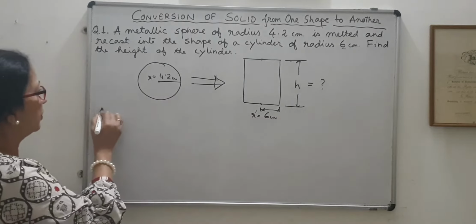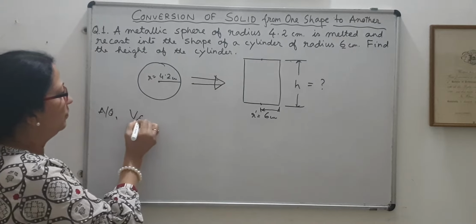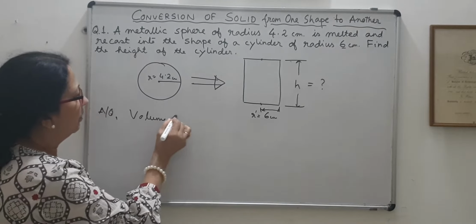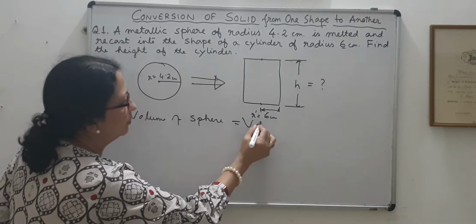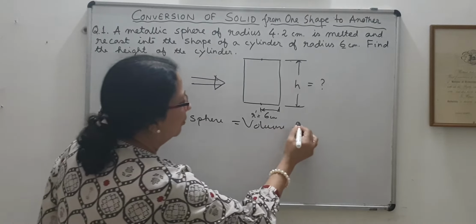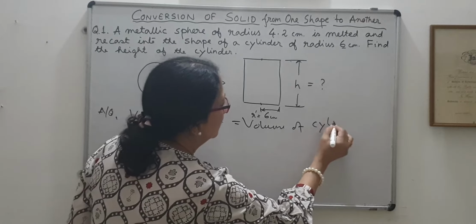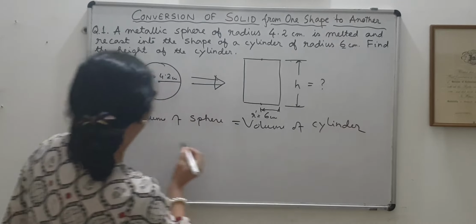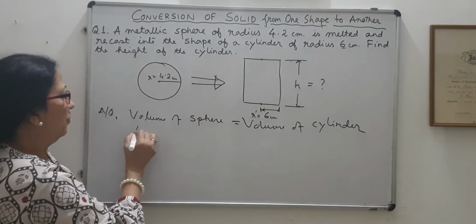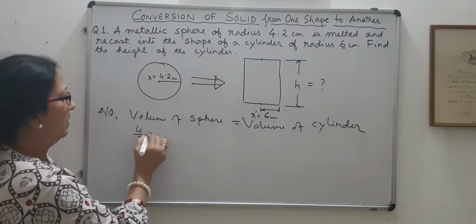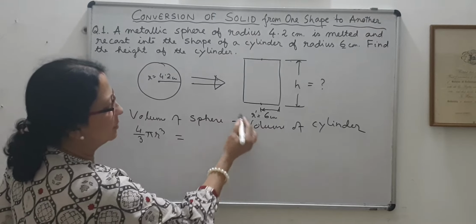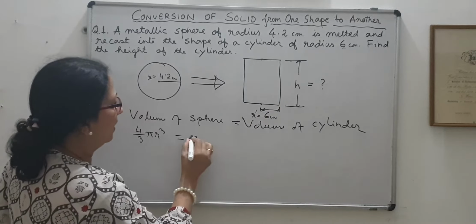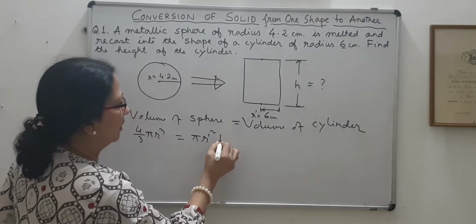So according to the question, volume of sphere is equal to volume of the cylinder. We'll simply write the formula: for the sphere it is 4 by 3 pi r cube, and the volume of the cylinder is base area into height, so pi r dash square into h.